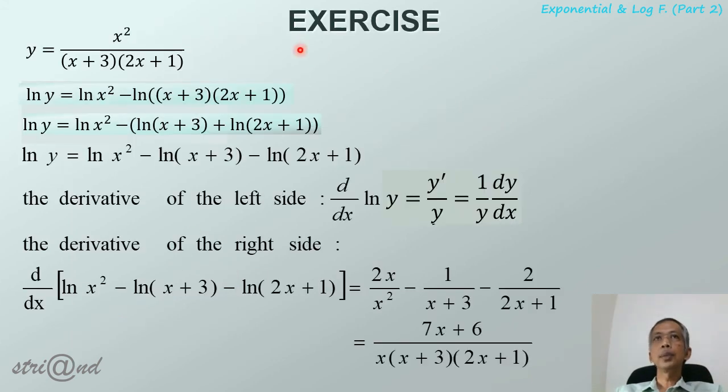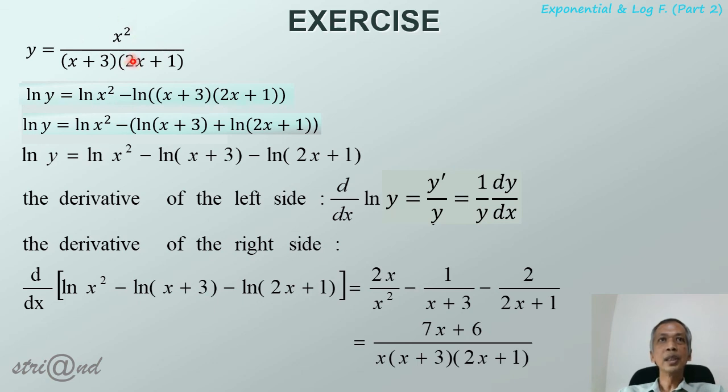Let's do this simple exercise to apply some of the rules we have learned from previous slides. We have y equals x squared divided by (x plus 3)(2x plus 1). The natural logarithm of y is the natural logarithm of x squared minus, we have a quotient here, so we need to apply the quotient rule.